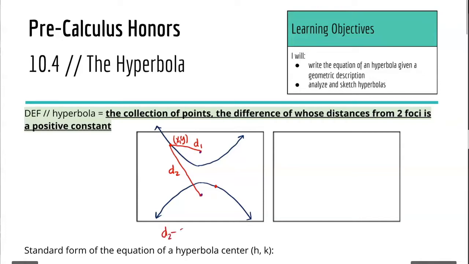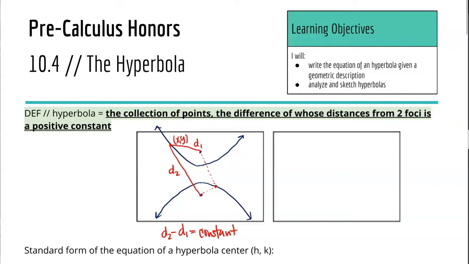So D2 minus D1 is going to be the same constant no matter what point you look at. So if I look at this one over here and I subtract these two distances, you'd still get that same number. Okay, so that's where hyperbolas come from.